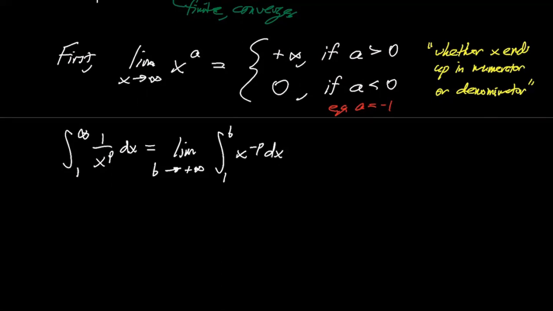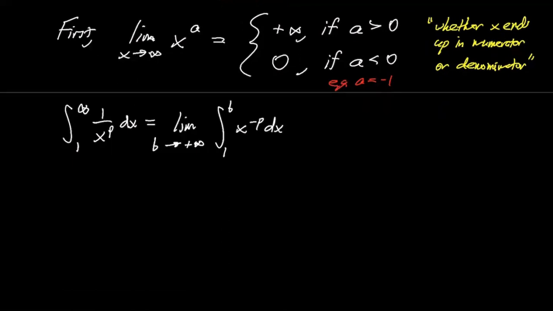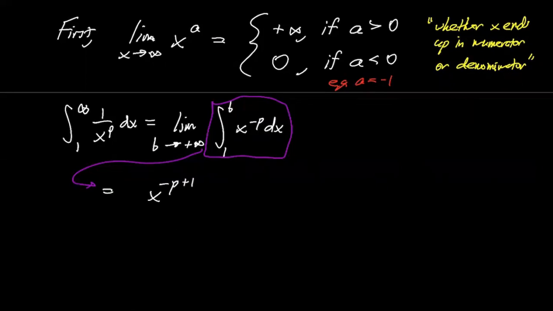Okay, so let's look at this integral for a second. In fact, let me drop the limit for a second and just tackle this, just so I don't have to keep writing the limit. So we know the antiderivative of x to the minus p. Let's think about this. We add 1 to the power, right? So we have x to the minus p plus 1, and then we divide by that.